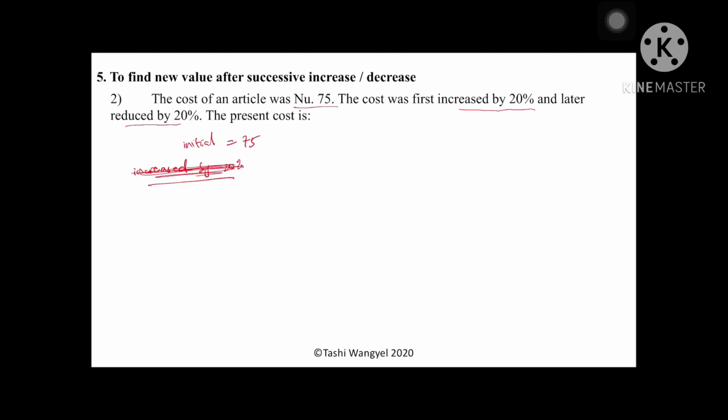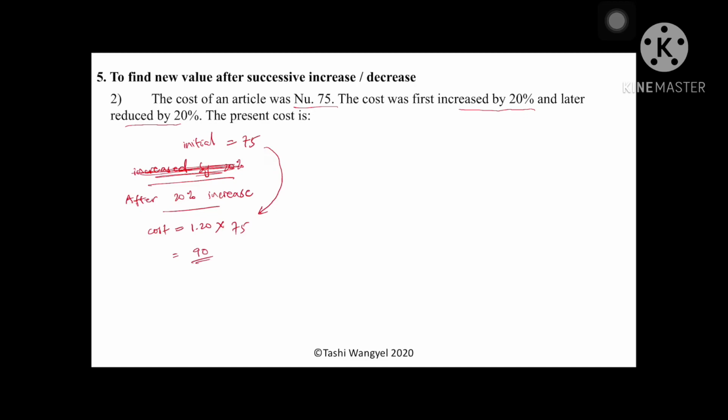The initial cost is 75, and the first cost is increased by 20%. A 20% increase means 1.20 times the initial cost, so 1.20 times 75, which gives 90.